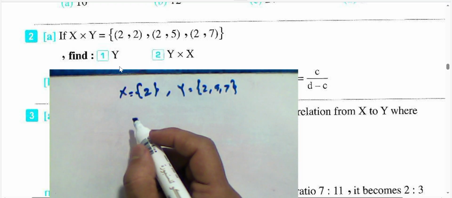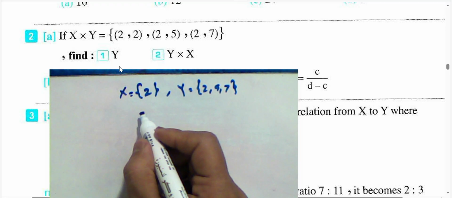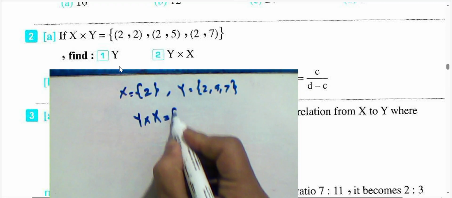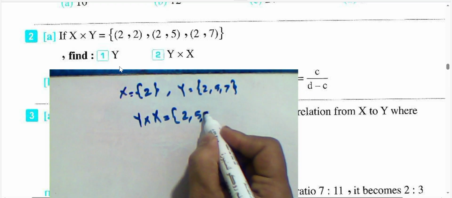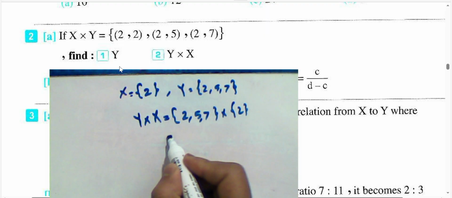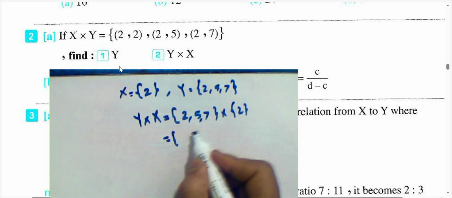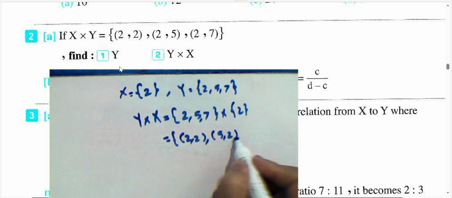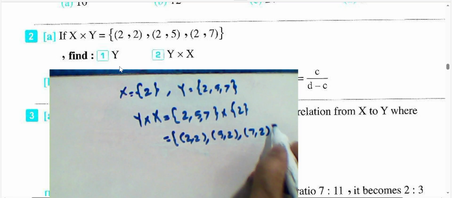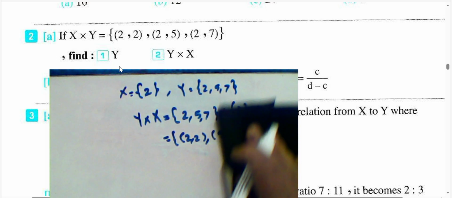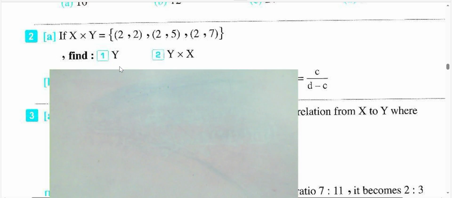Then we can find y Cartesian product x, equal to {2, 5, 7} Cartesian product with the set {2}. In sets will be (2,2), (5,2), (7,2). Understood? Next question, number 2.